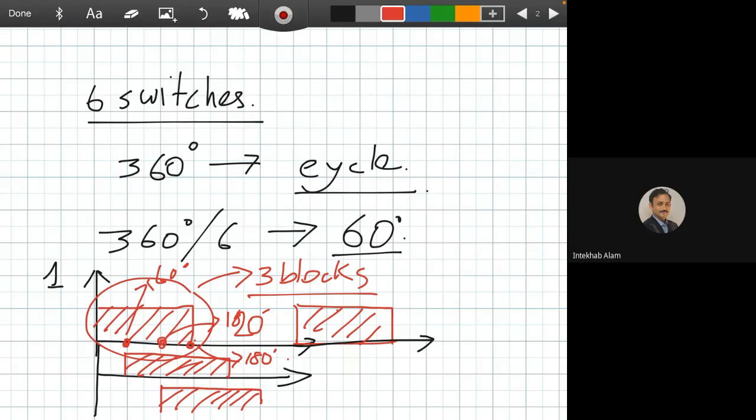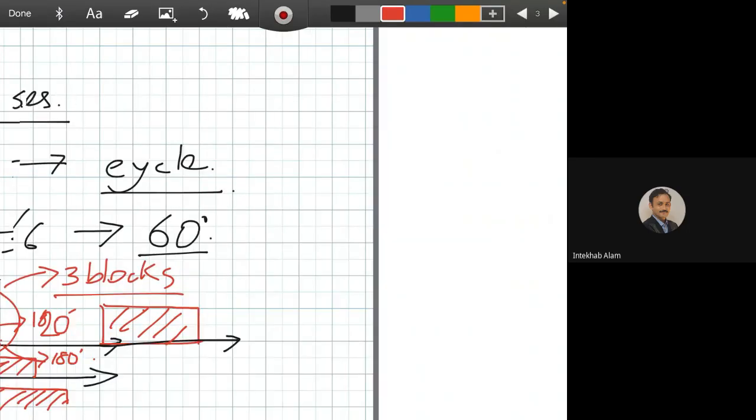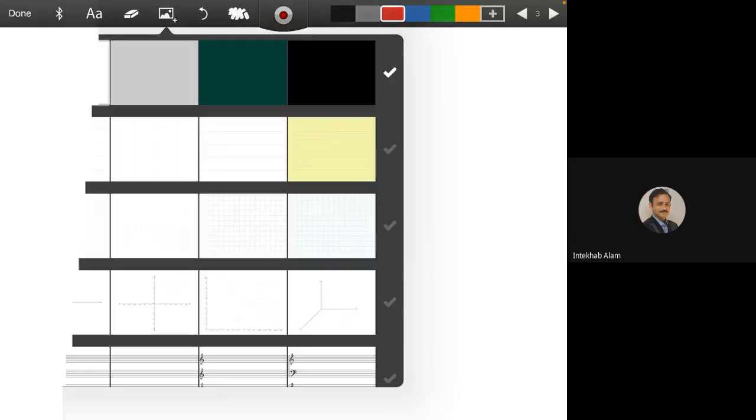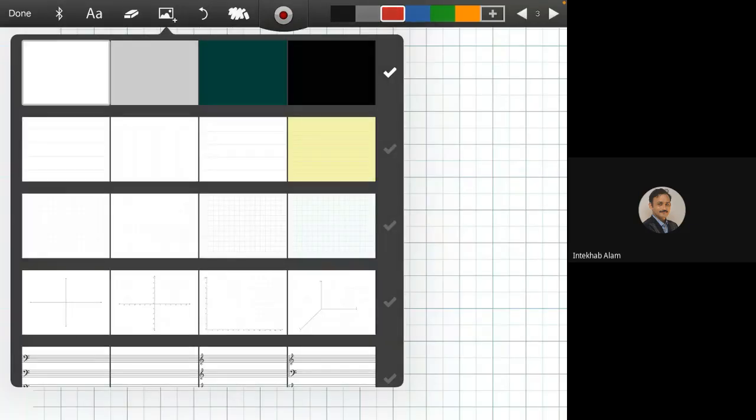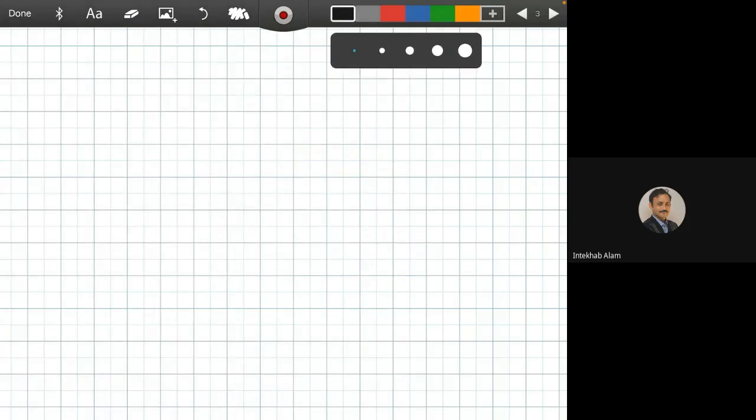Okay, so let's think about the switching diagram first. This is the basic idea I'm giving you. If we draw the switching diagram of a 3-phase inverter, how will it look? Now please try to draw the diagram with me and make necessary notes.